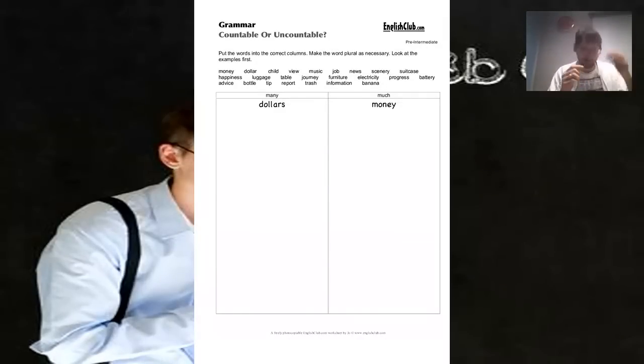There is a plural of child, and it is children. Okay? So children equals C, countable. My friend, for example, has too many children.